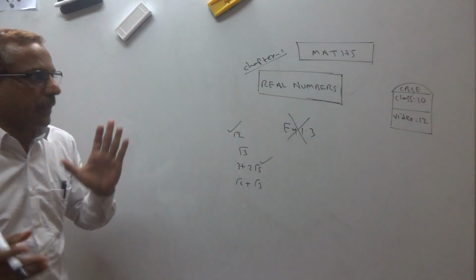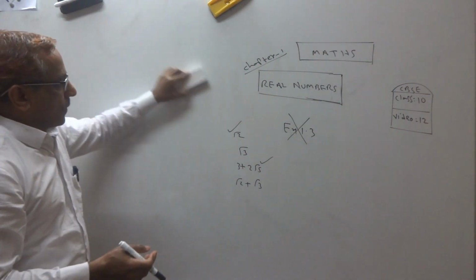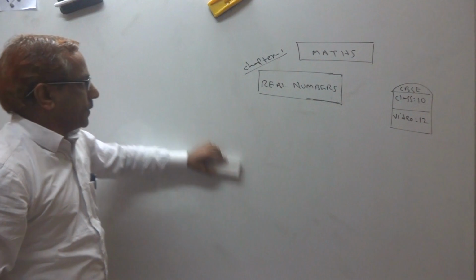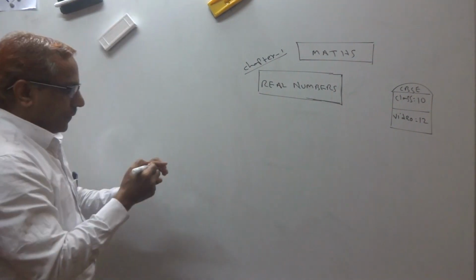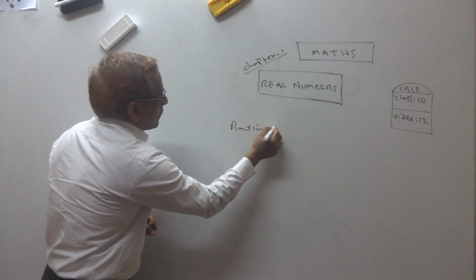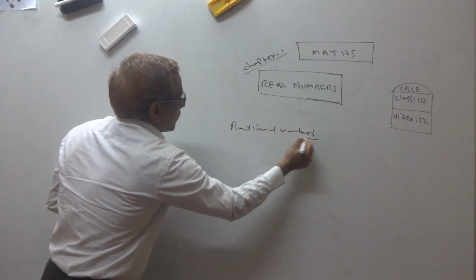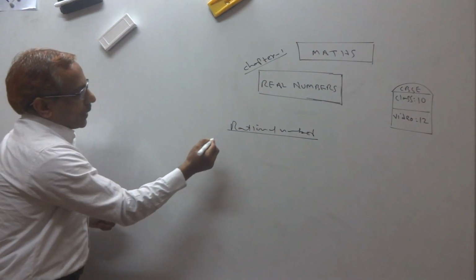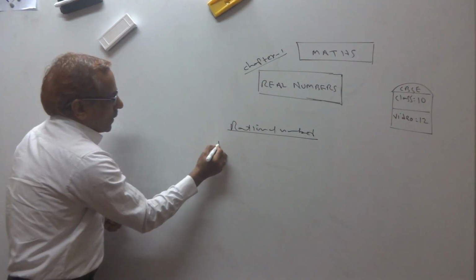Now the last exercise is left. So what is there in the last exercise? Please understand. You know about rational numbers.